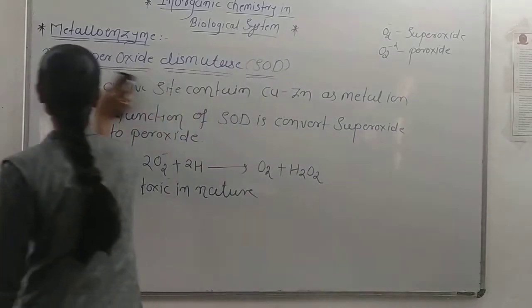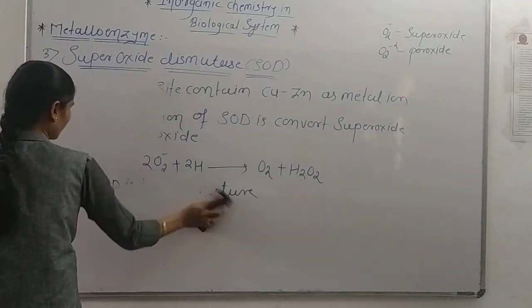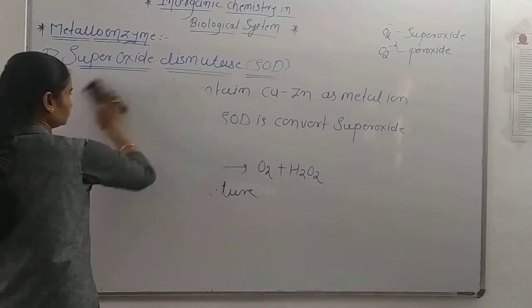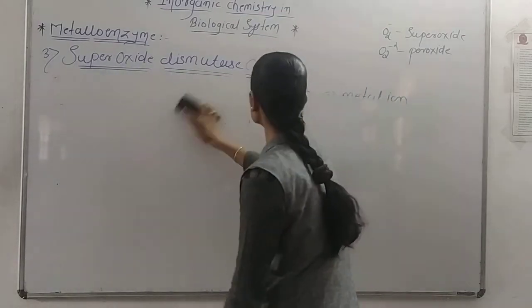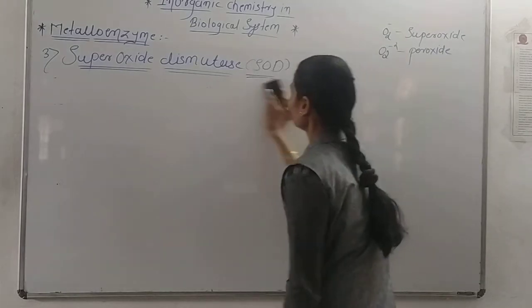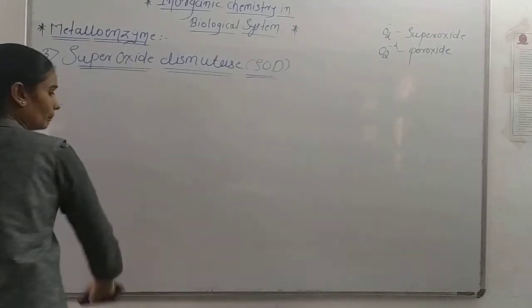Now we will see the structure of SOD. We already said that SOD has two metal atoms, zinc and copper.